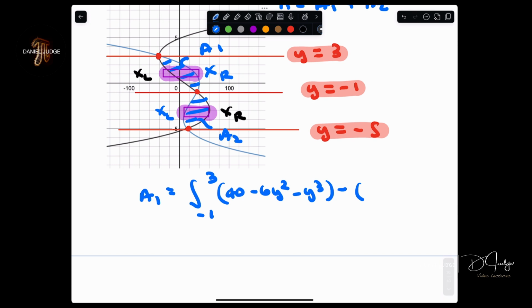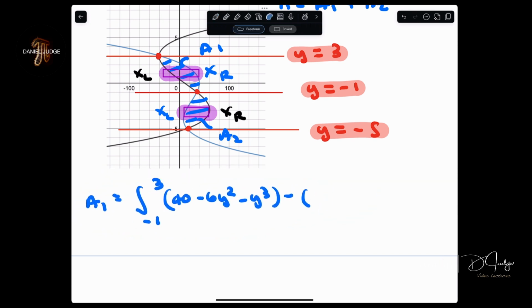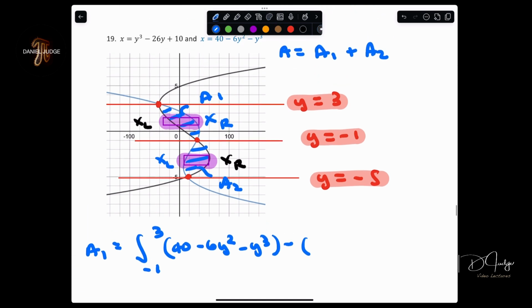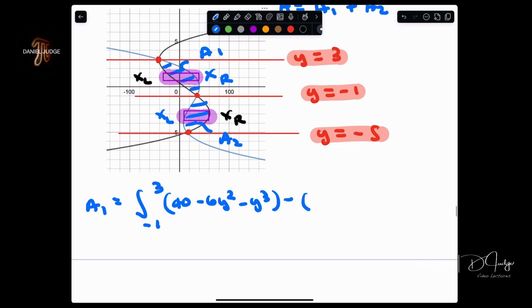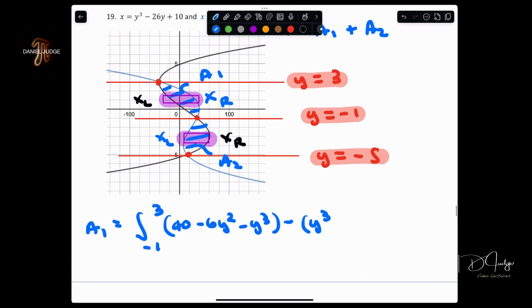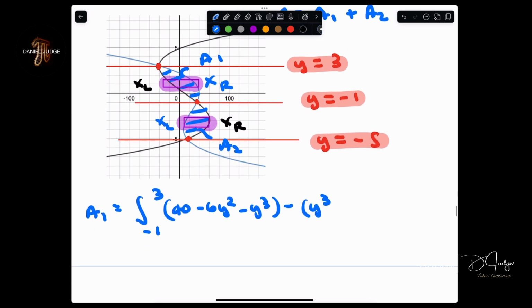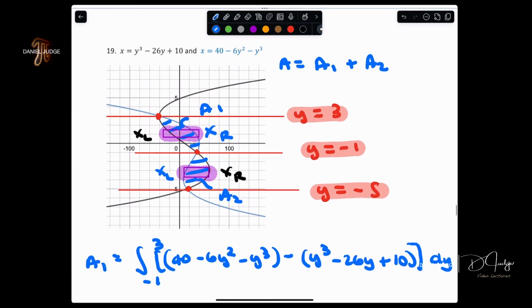I'm going to move it over. Y cubed minus 26y plus 10. This would be a dy. So here's your A1.